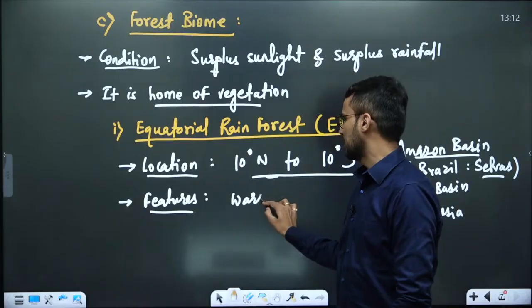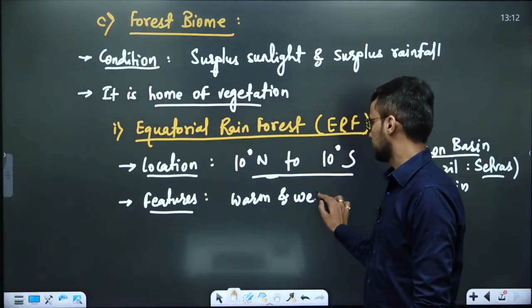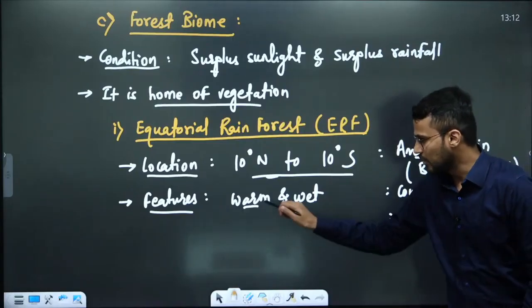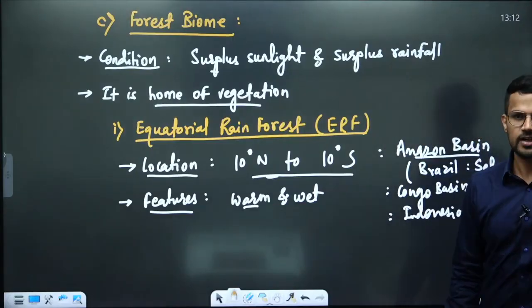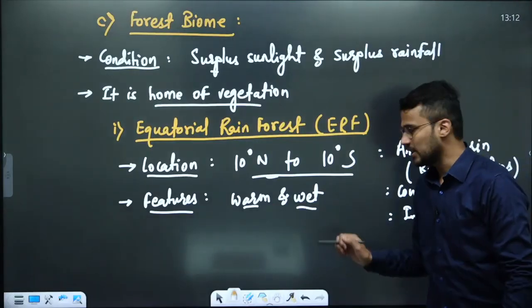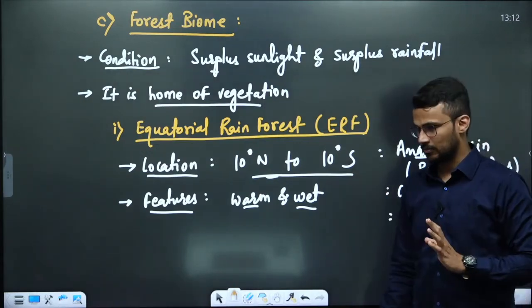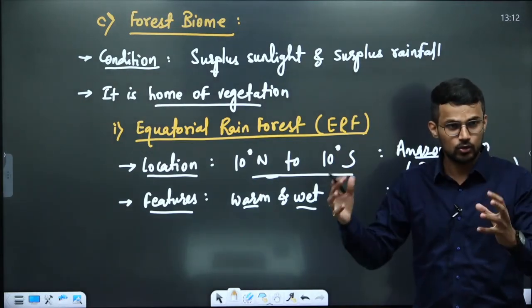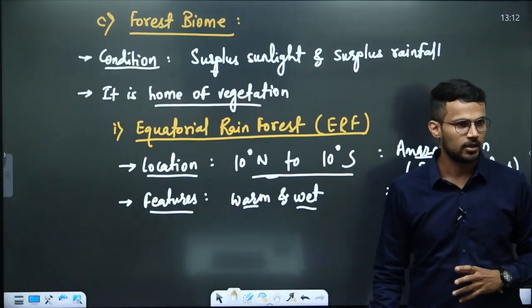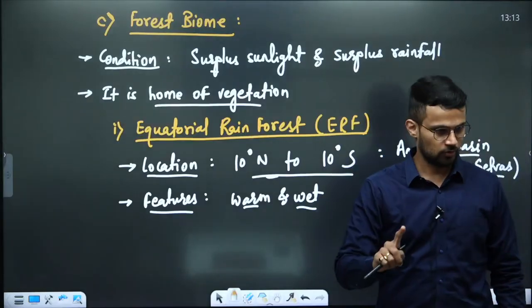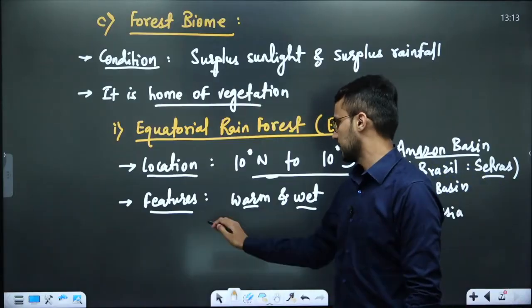Warm and wet conditions. Why warm? Because sun rays are direct throughout the year. Why wet? Because it rains almost daily in this particular area. Right? It rains every day in the evening here. Which kind of rainfall? Convectional rainfall. Right?